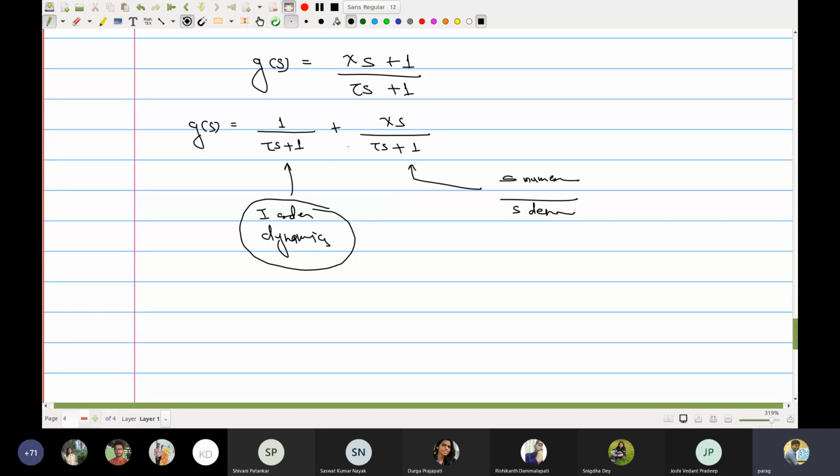Now, depending upon the magnitude of psi, you can either have this part or you may not have this part, which means that the first order dynamics would be augmented by this value of psi.